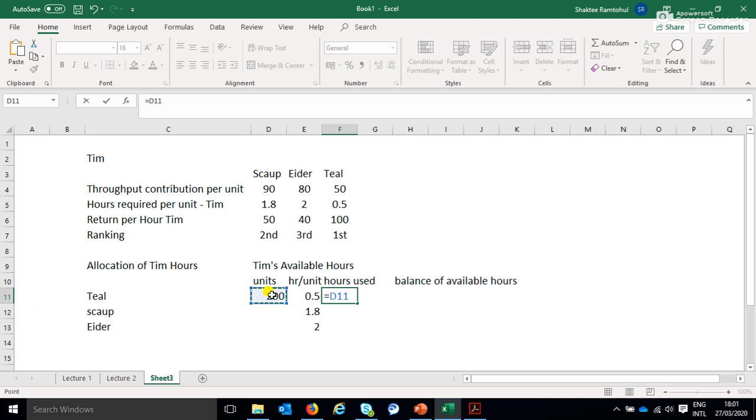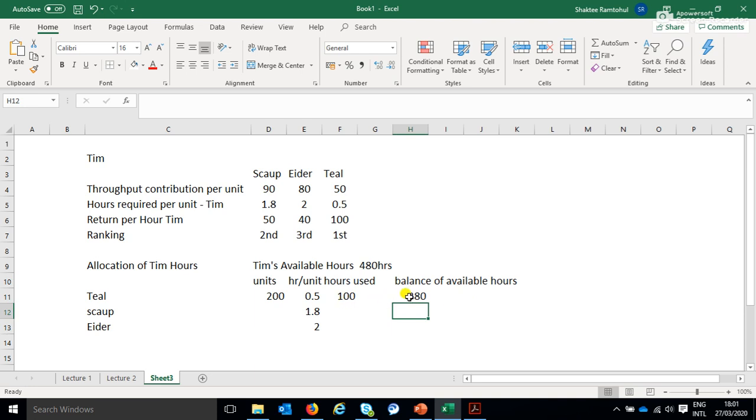So 200 multiplied by 0.5, that's 100 hours. So we would have used 100 hours. And remember, Tim's available hours is 480. So we would have completely manufactured teal, which we're happy with. What will be the balance after that? 480 minus 100 leaves us with 380 hours.